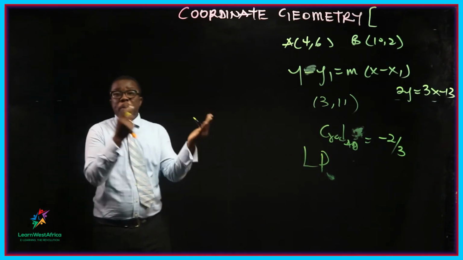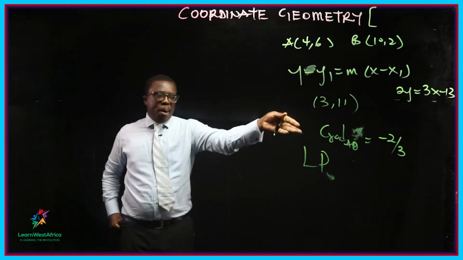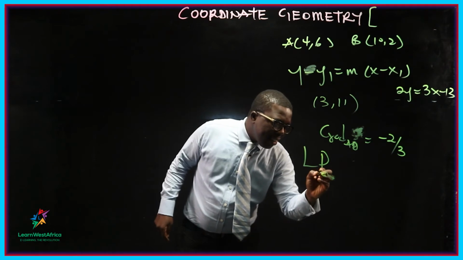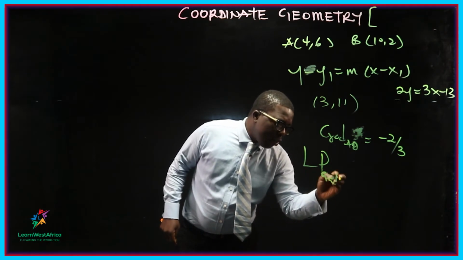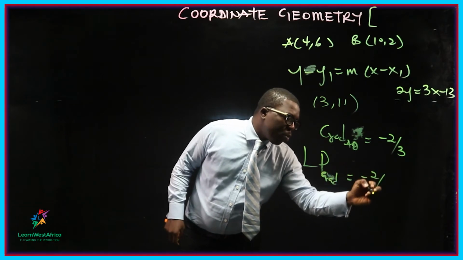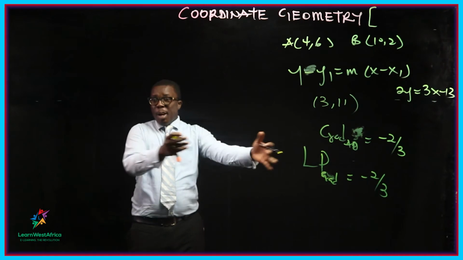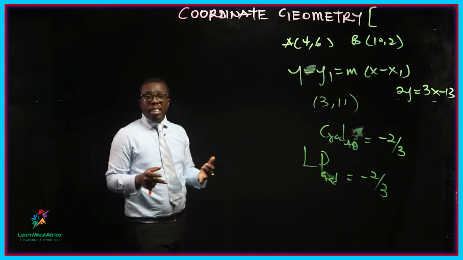That's my label, LP. So LP is that parallel line we are speaking about, that line that is parallel to AB. So LP's gradient will also be minus 2 over 3. Agreed? Because this line LP is parallel to the line AB, and therefore they will share a common gradient.